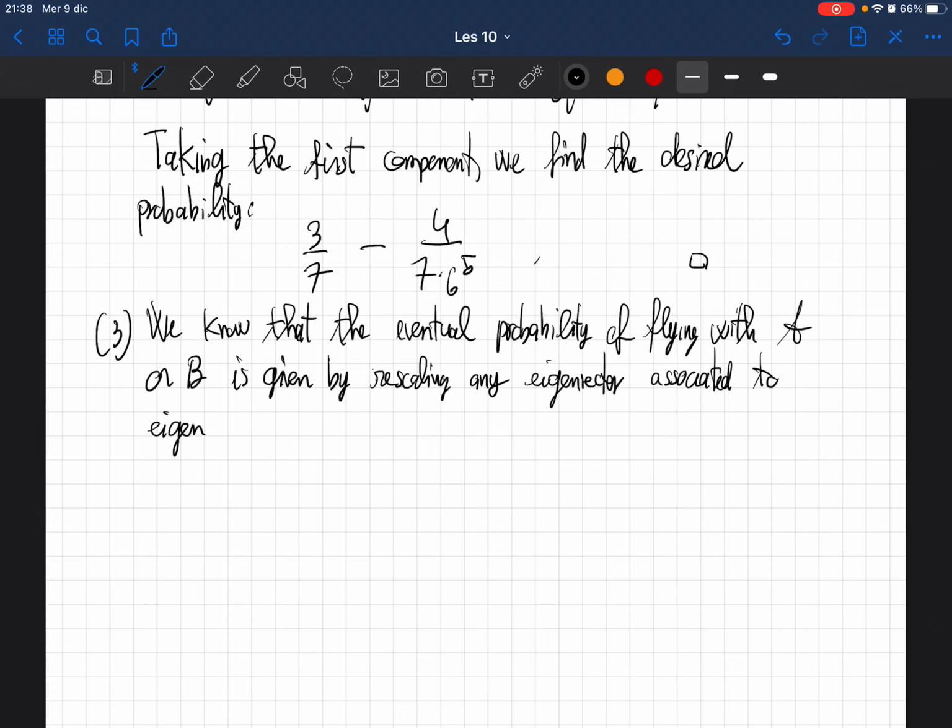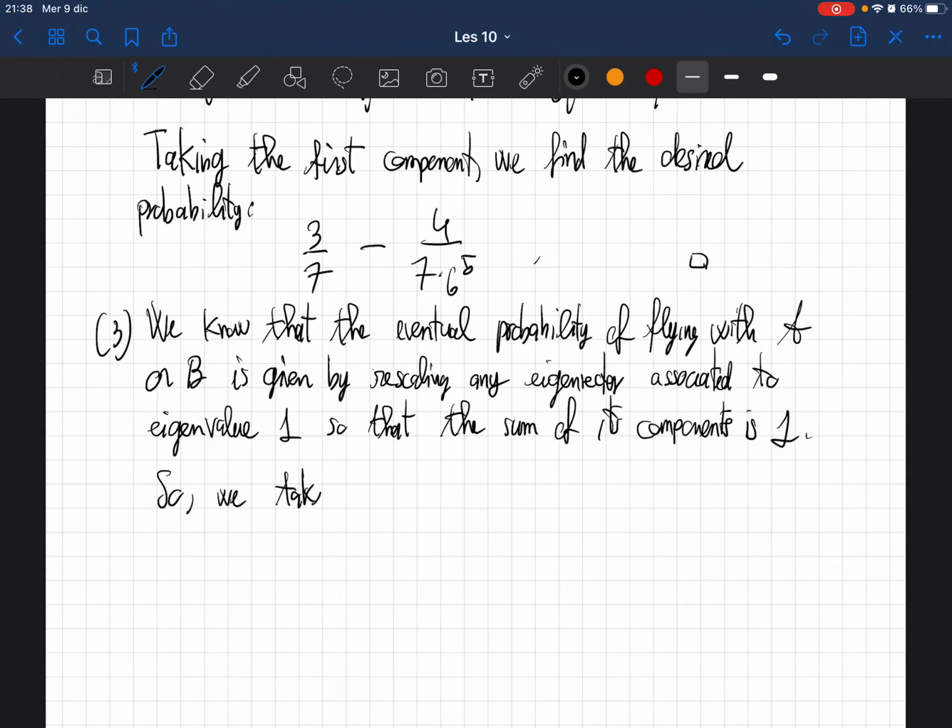I mean, it's a basis of eigenvectors, but you have many choices of bases, not just one, associated to eigenvalue 1, so that the sum of its components is 1. So we take 1 over 7 times (3, 4). This is probability.